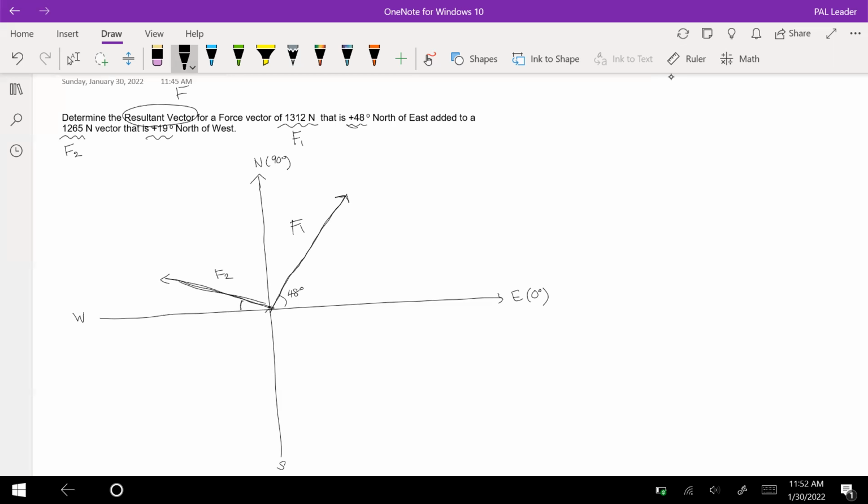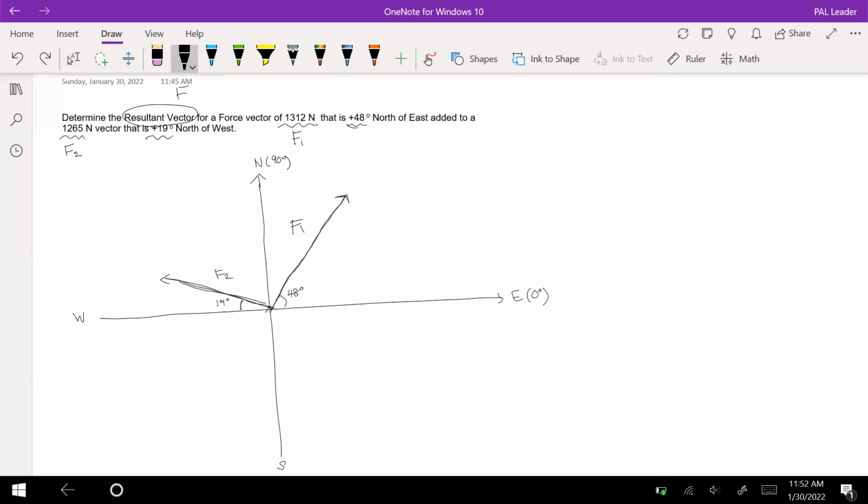We have an angle, 10 degrees north of west. If this said west of north, I don't know if the problem would actually say that, but it would be like this. But that's not our problem. But just be careful, because I think there is a problem coming up where you have to be mindful of that.